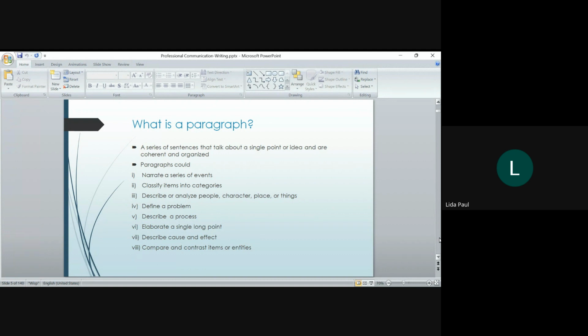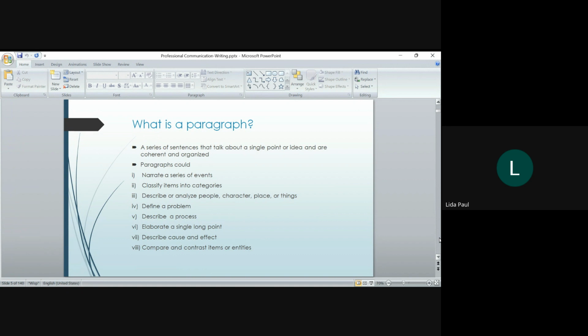These are the tasks that you can perform with it. And when you do these tasks, what is a paragraph essentially contributing? It helps you talk about one single point or idea in a coherent and organized fashion. So if I put it the other way around, you have to write about a particular idea or point, right?